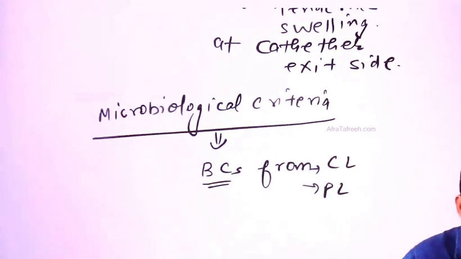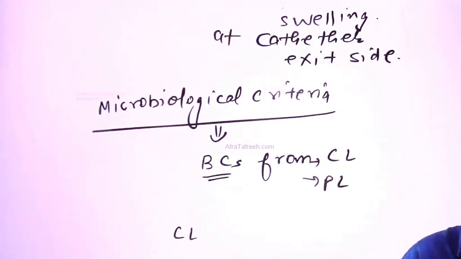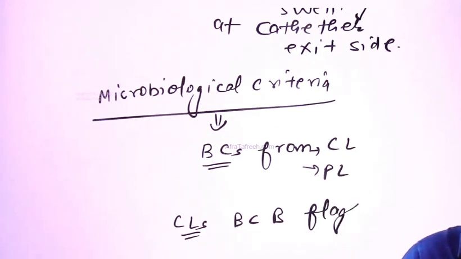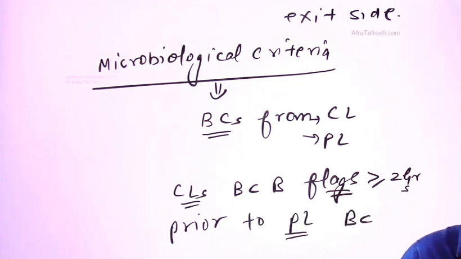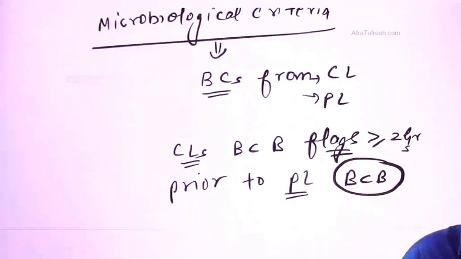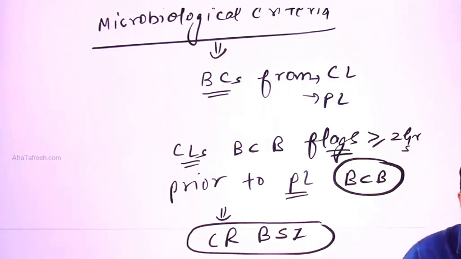From both you will go for blood cultures, and if the central line blood culture bottle flags, meaning turns out, gives a signal, more than or equal to 2 hours prior to the peripheral line blood culture bottle, then it is termed a central line or catheter related bloodstream infection.